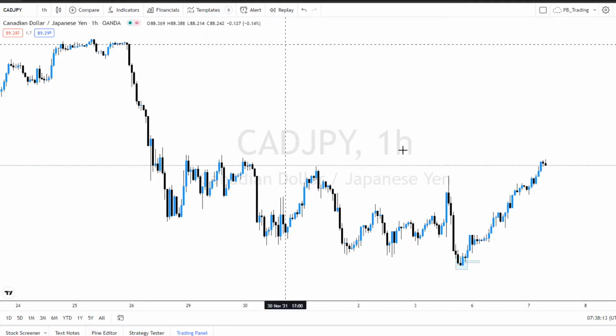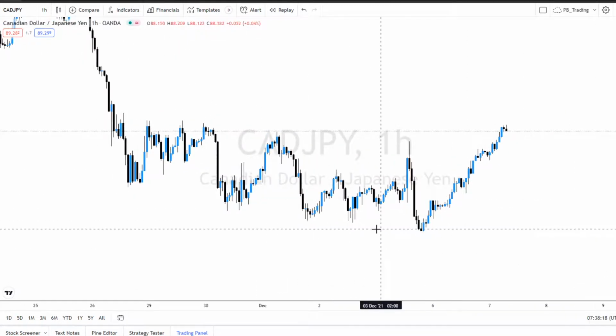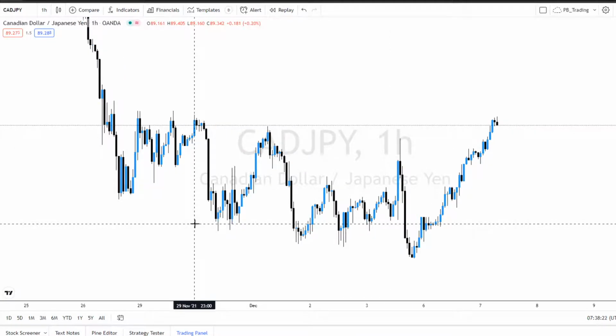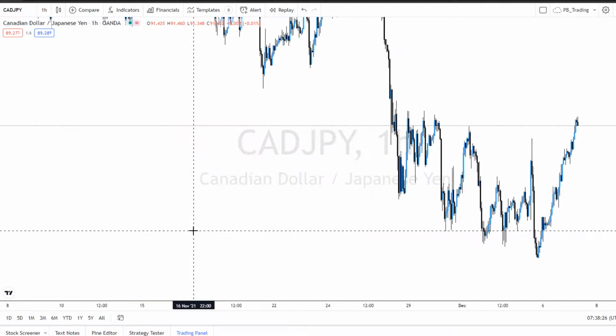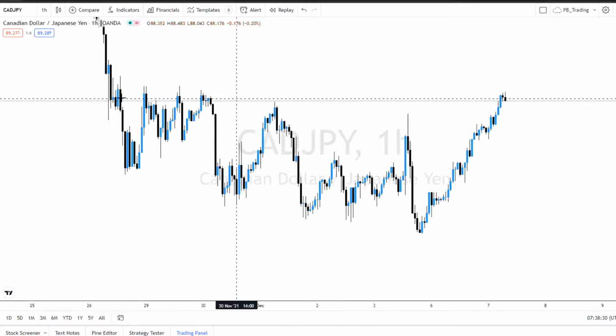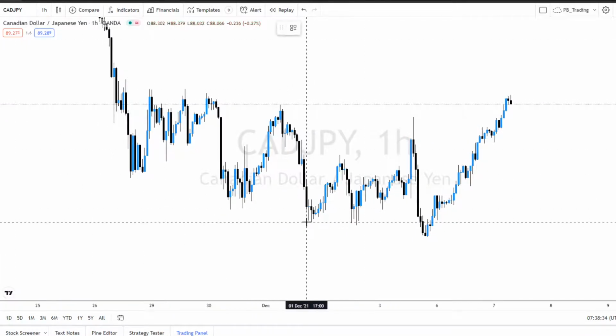Now let's look at another example here in CADJPY quickly. Again in CADJPY, this time we didn't have price moving necessarily into a high sensitive zone, but we have the pattern forming after an equal low sweep.